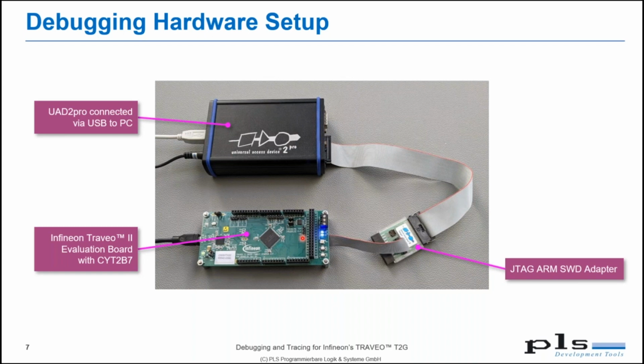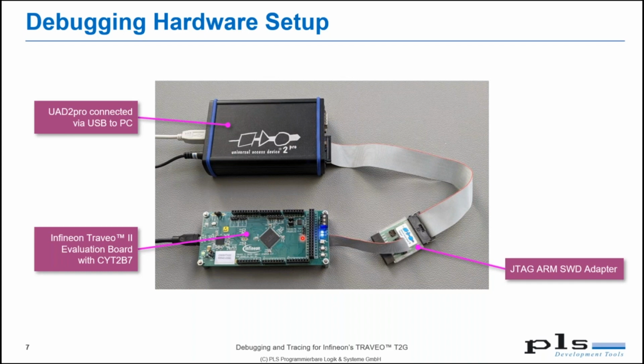But for the bigger devices with the M7s, it's quite the same look and feel, and also the behavior of the debug tool and how to use it. This picture shows the simplest hardware setup for debugging. It's not actually what I am using in the demo right now. You will see a picture of that later, but it is the typical setup for debugging without tracing.